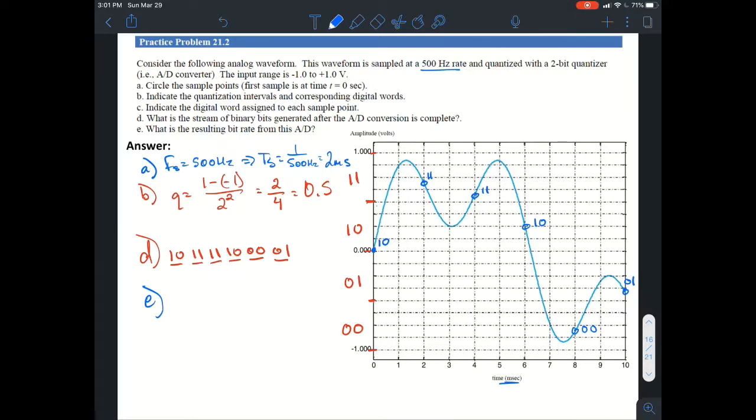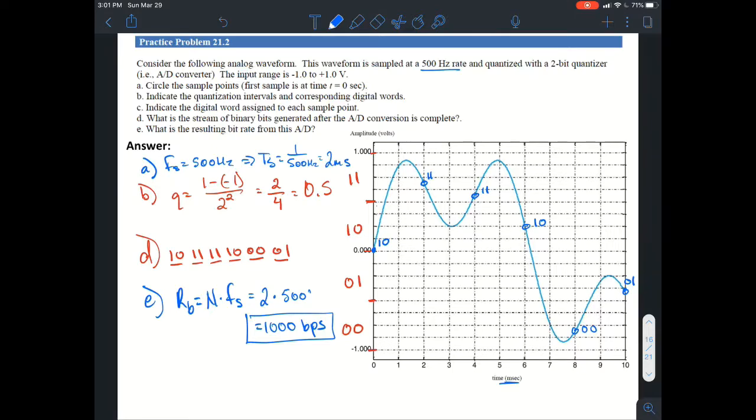We just need to say R sub B equals N times F sub S. Here we get 2 times 500, and that's going to be 1,000 bits per second. With that, you should be able to pause it or end this video, and we'll roll into one more video after this.